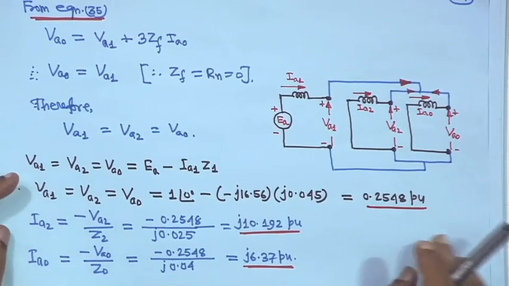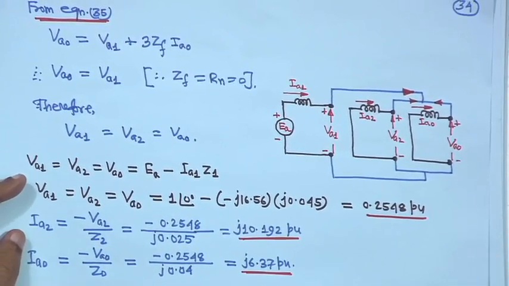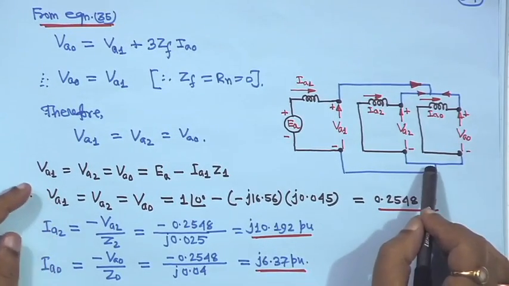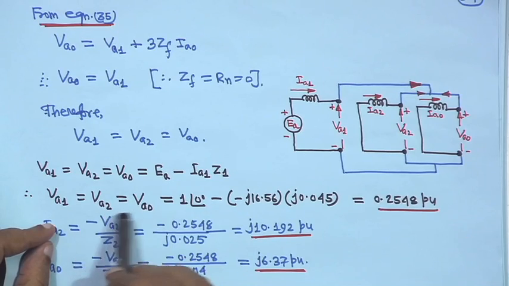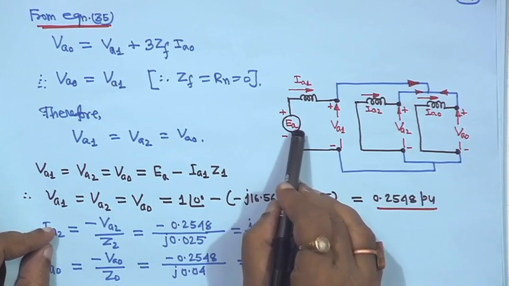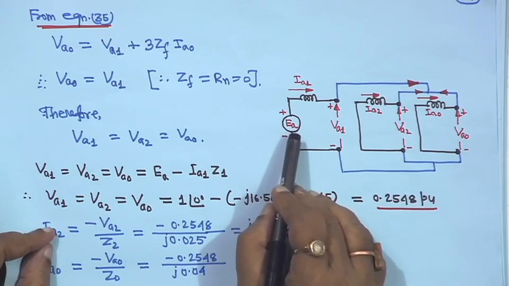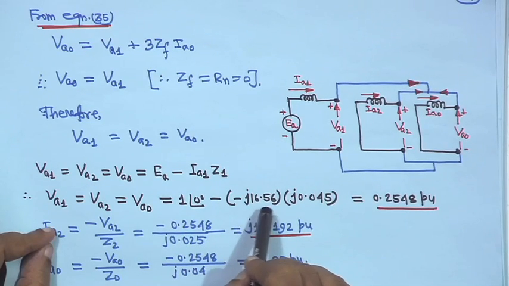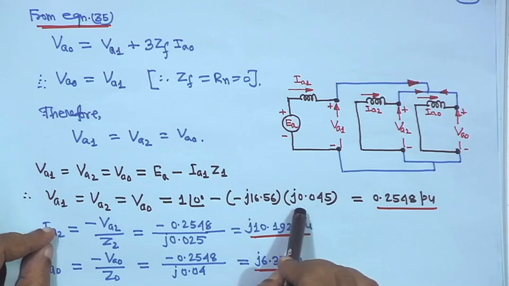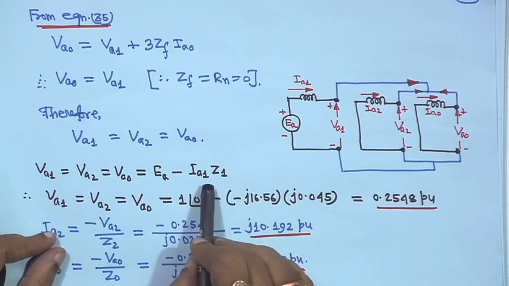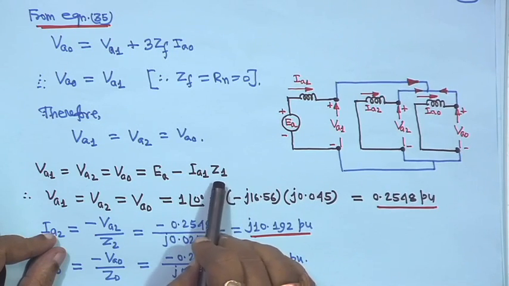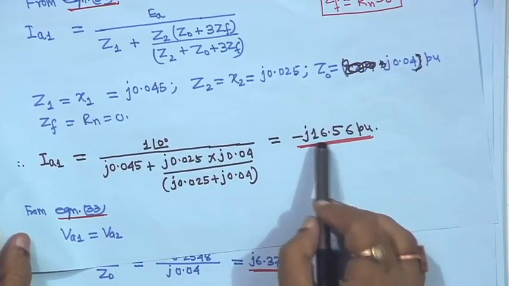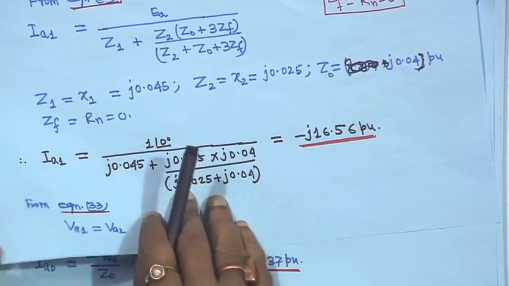So, in this case, one can see that this voltage V A 1 is, E A is 1 angle 0, minus J 16.56 into J 0.045, that is I A 1 into your Z 1, and you have got I A 1 is equal to minus J 16.56.